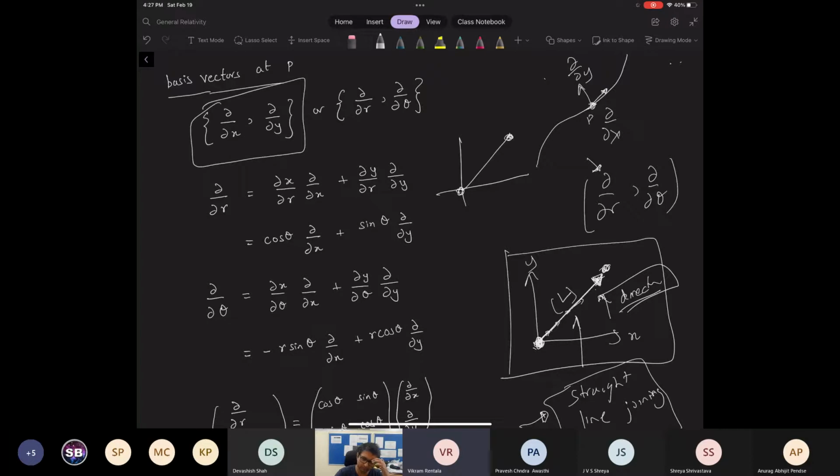If I'm at this point, I have partial x and partial y. Although these vectors don't live on the manifold itself, they live in a tangent space. The notion of direction is still consistent with what you're familiar with. Partial x is something which points along the x direction, partial y something which points along the y direction. This is taking a derivative of smooth functions on R2 along the x direction. This is taking a derivative along the y direction.